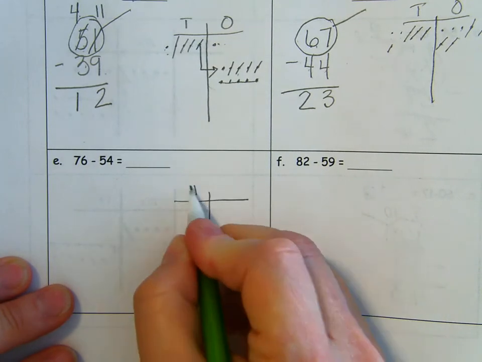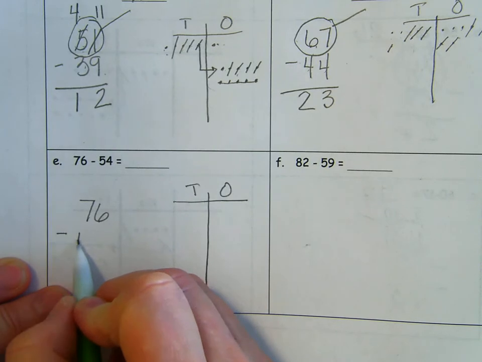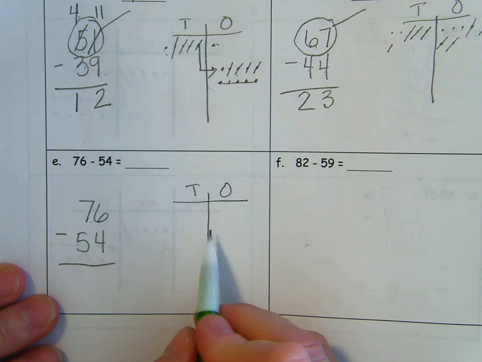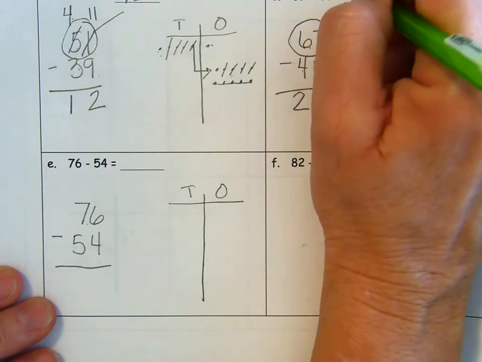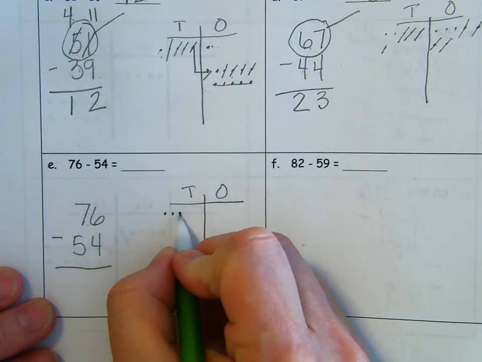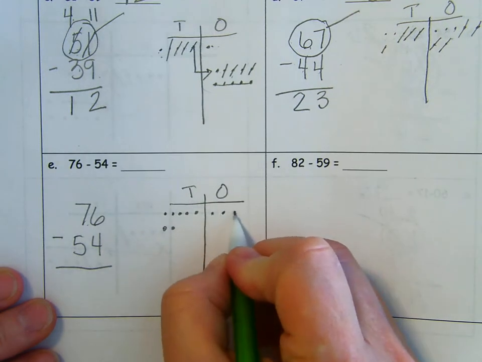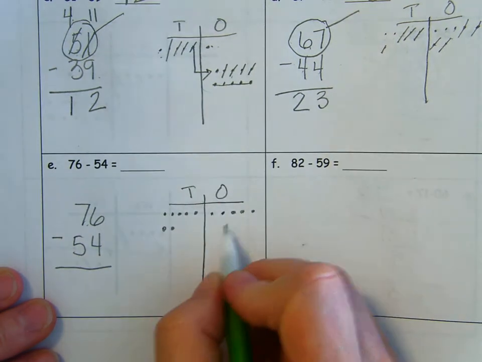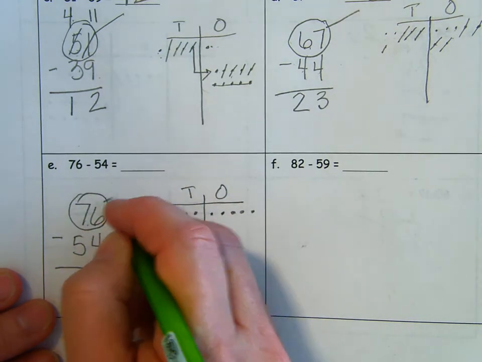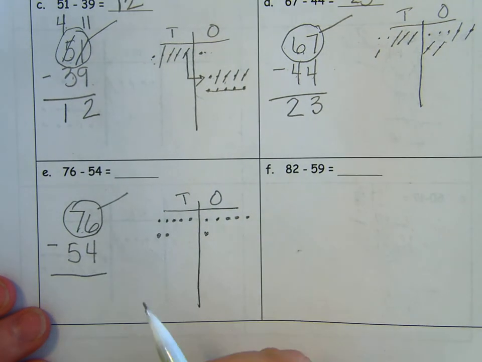It's my place value chart and my vertical form. 76 minus 54. First, I have to model. Oh, I forgot to write that up there. First, I have to model with my chips. 10, 20, 30, 40, 50, 60, 70, 71, 72, 73, 74, 75, 76. Now, I need to examine. Can I take 4 away from 6?